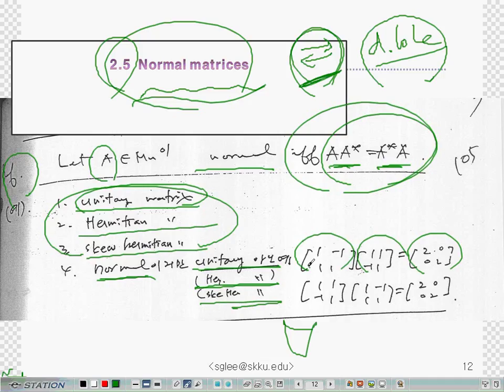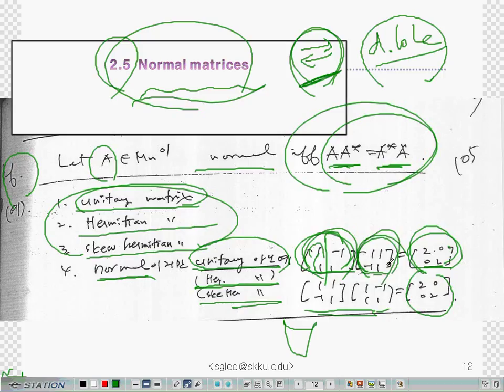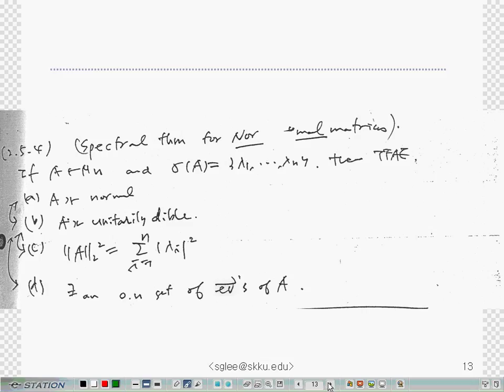For example, this matrix is definitely Hermitian, definitely normal, but it's not unitary, because the columns are orthogonal, but the length of each column is not one. So these are matrices which are normal but not unitary. And you can also find other examples.